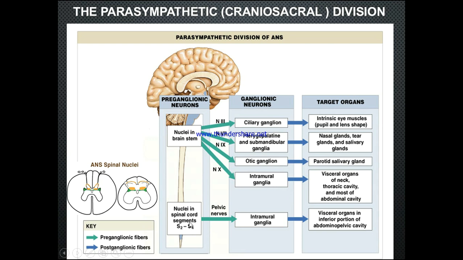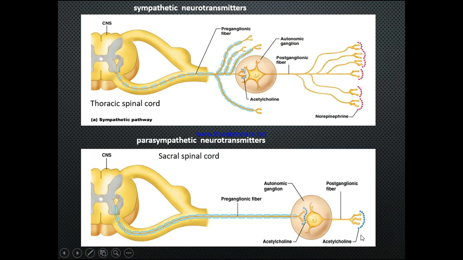And then of course the nuclei in spinal cord segments S2, 3 and 4. We're going to have these preganglionic fibres, which give rise to the intramural ganglia, which give off postganglionic fibres to the viscera and the organs of the abdopelvic region, which we shall look at in our cadaver.